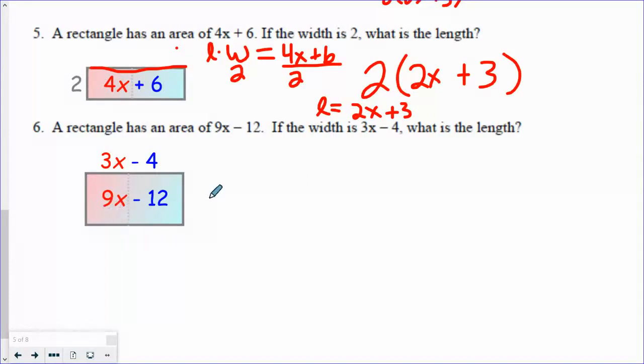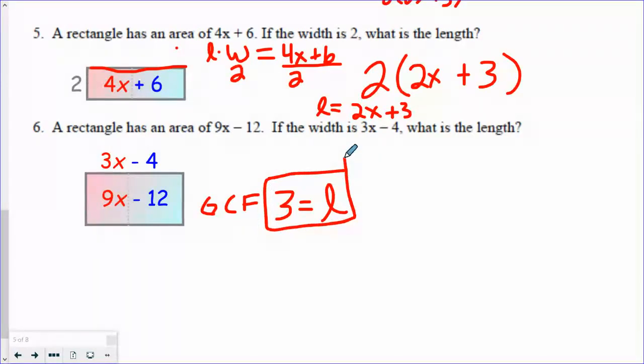So my common factor is going to be our width. And our common factor of both of these is 3. So that tells me our length is 3. That's your answer. Because I had to factor out what 9 and 12 had in common.